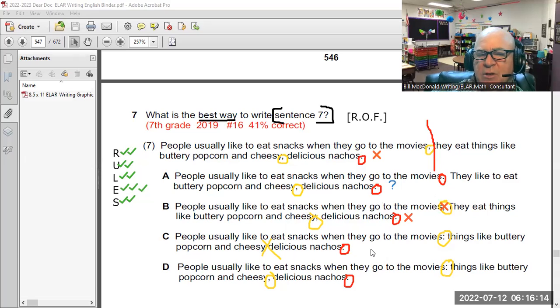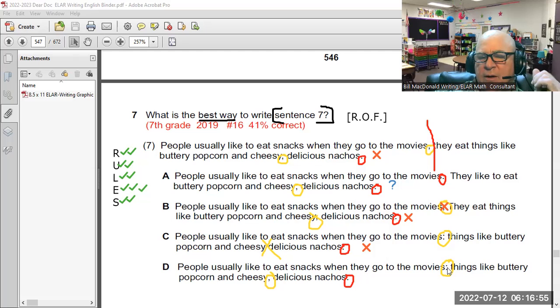Capital. People usually like to eat snacks when they go to the movies. Colon. Things like buttery popcorn and cheesy, delicious nachos. We said that because of the comma being missing, when you're describing two things in a row, that can't be right. So let's compare our close answer A to our other answer B. Capital, tracking with my mouse, people usually like to eat snacks when they go to the movies, colon.